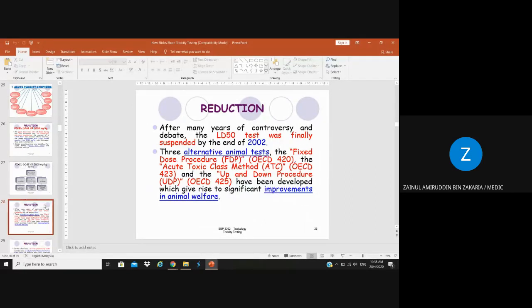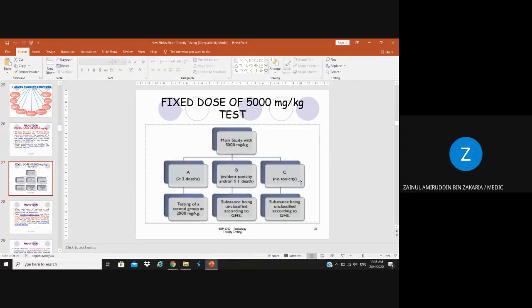If there is no toxicity, the substance can also be classified according to the GHS system.